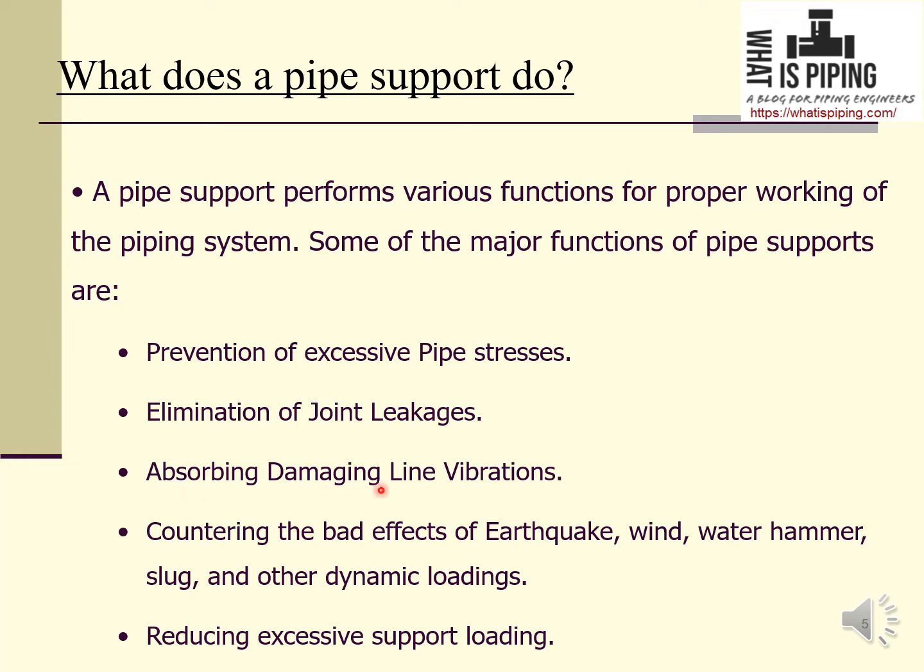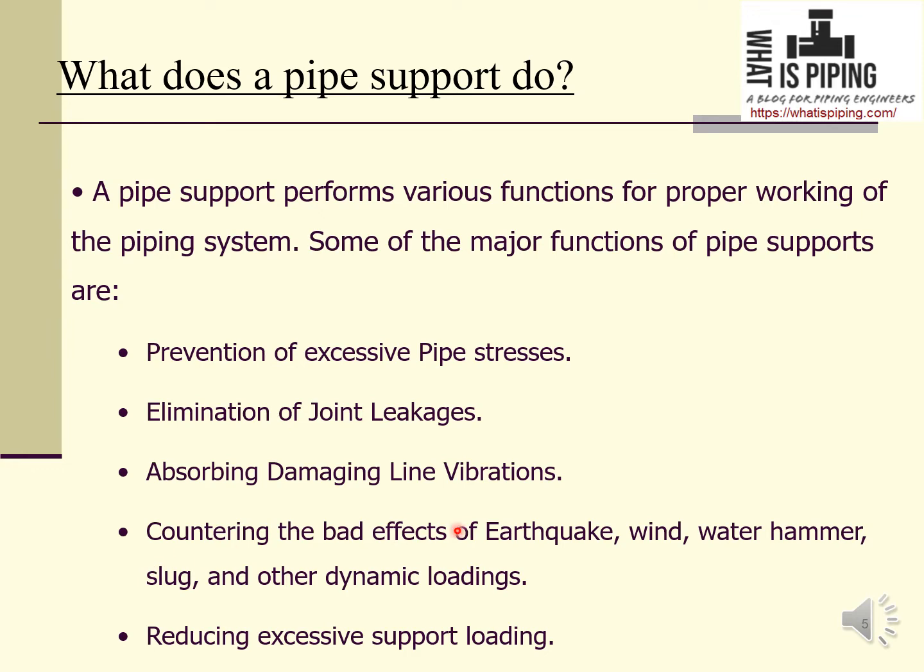Next, absorbing damaging line vibrations. We are aware that most piping systems suffer from damaging vibrations or dynamic events. So supports can help in absorbing those damaging effects of the line vibrations.